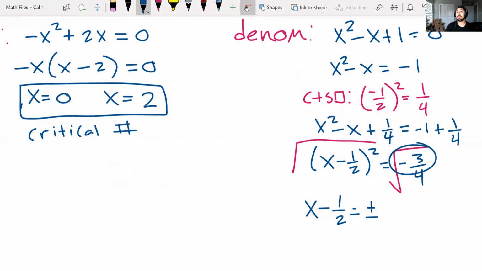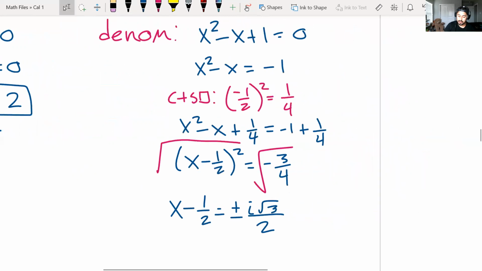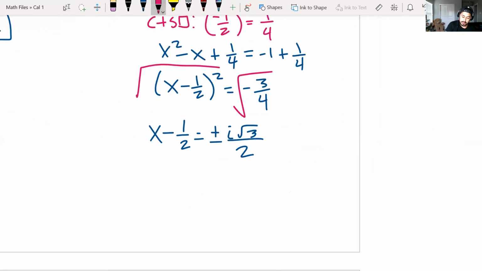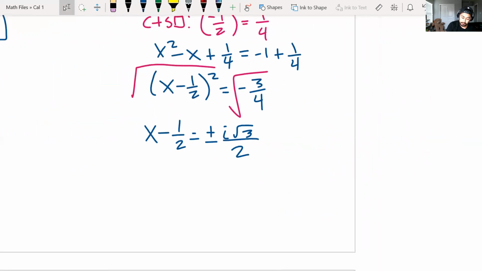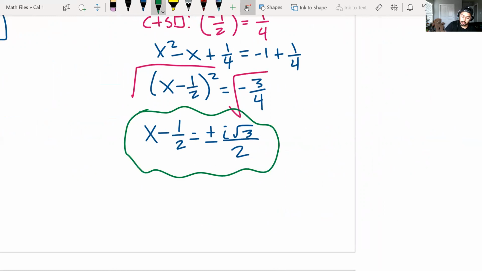Can you take the square root of a negative number? The answer is no, because it gives you imaginary numbers. So you would end up with i square root 3 over 2. And we stop there because this means that my critical numbers are imaginary. So we don't go any further.